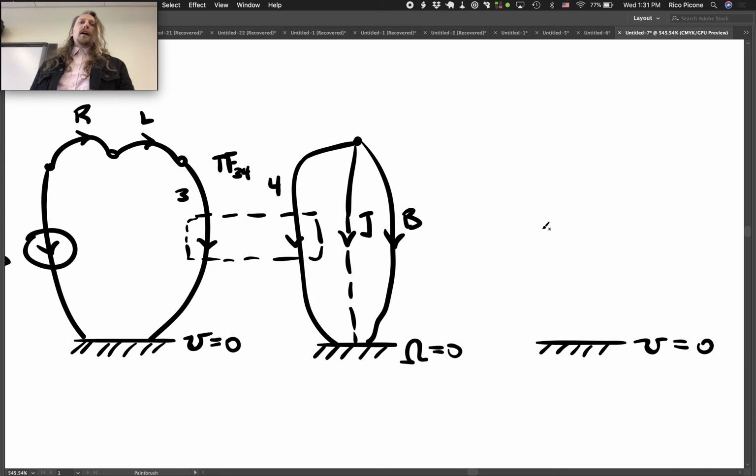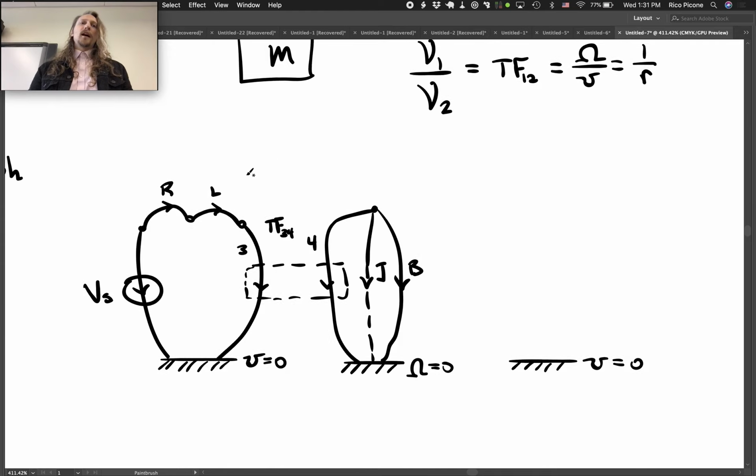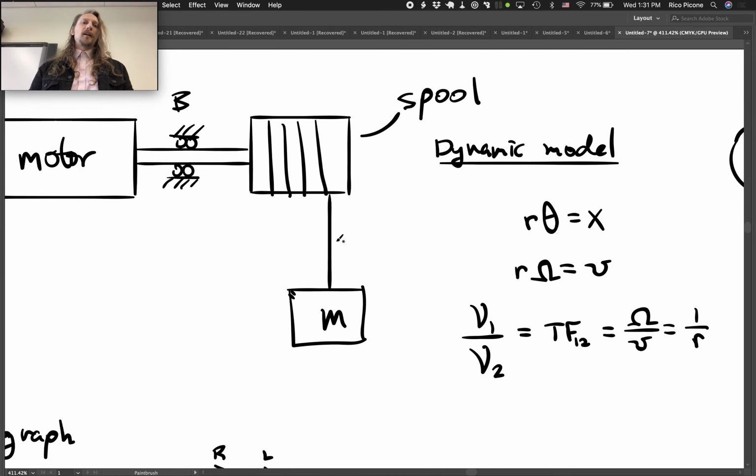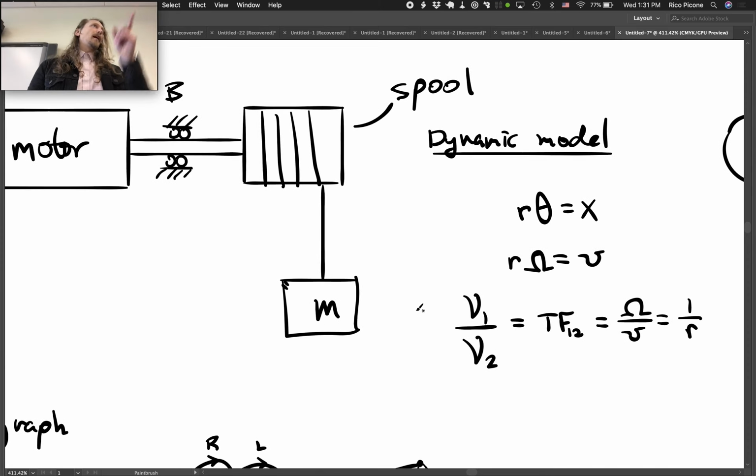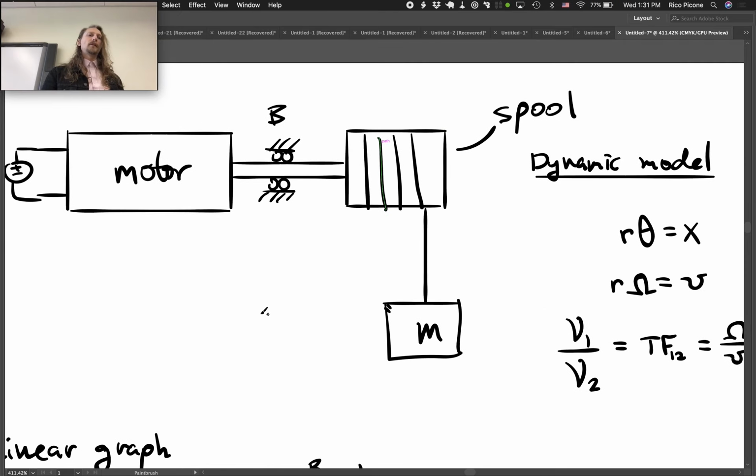And then we also have that same angular velocity through the spool interact with this translational system. So we have another transducer. Yeah? So the bearing is just one, because velocity is like a damper. Yeah, you're probably going to have 2 bearings out here at least, and then you're going to have some bearings in the motor.